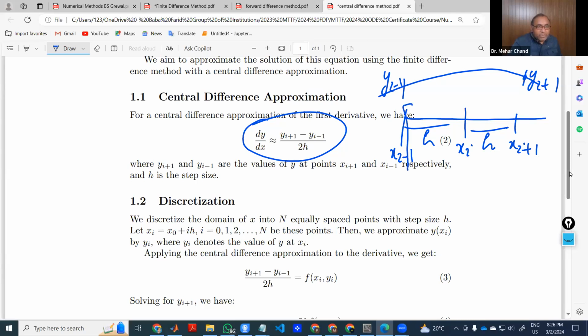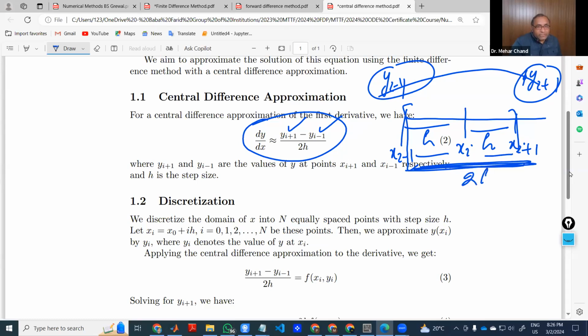When we choose the interval from xi minus 1 to xi plus 1, we have dy upon dx equal to yi plus 1 minus yi minus 1 upon the length of the interval, which is 2h, h plus h. For this interval the length is 2h, so that's why we have 2h. dy upon dx will be in this way.